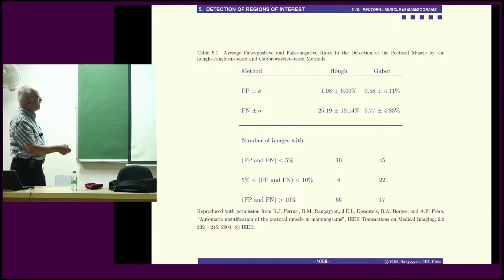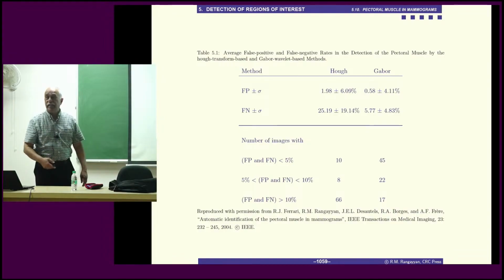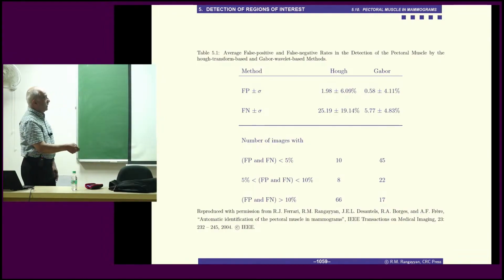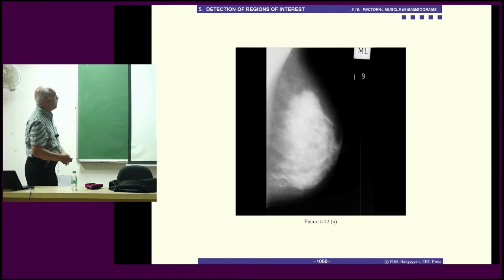With the Hough transform, there were 66 images having false positive and false negative greater than 10%. With the Gabor, that reduced to 17. So the output of the Gabor filter is a better approximation of the pectoral muscle.